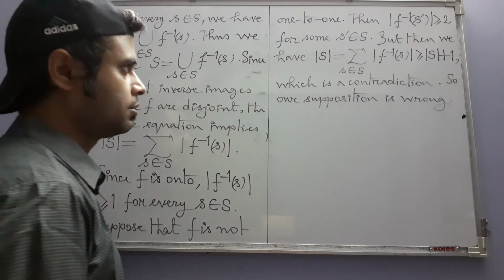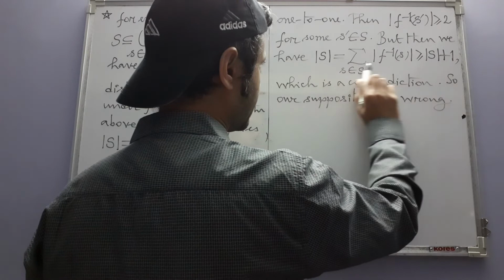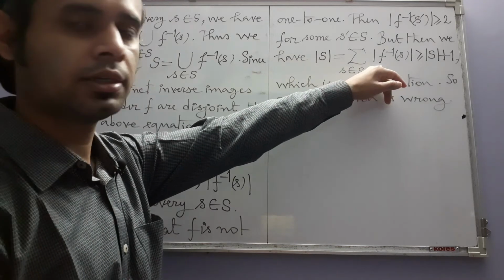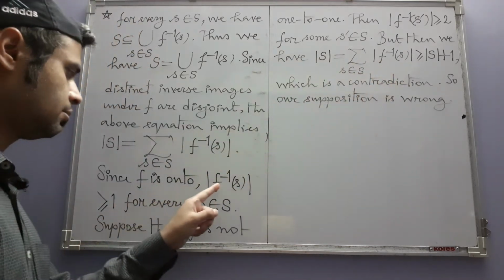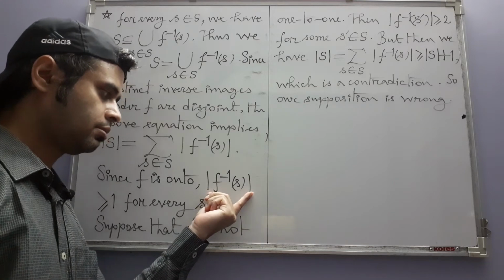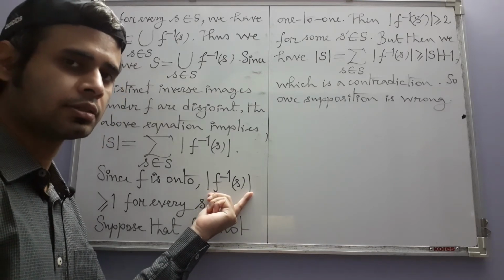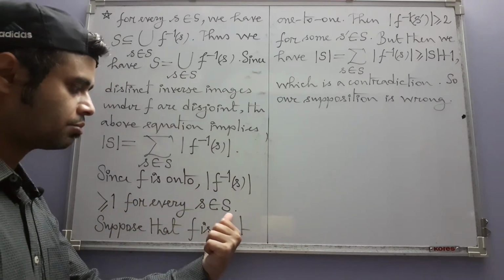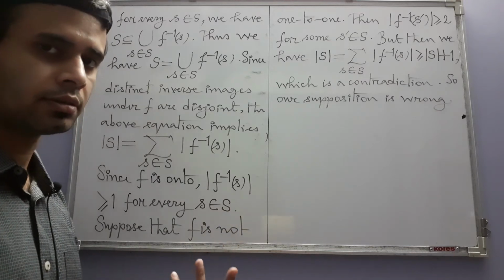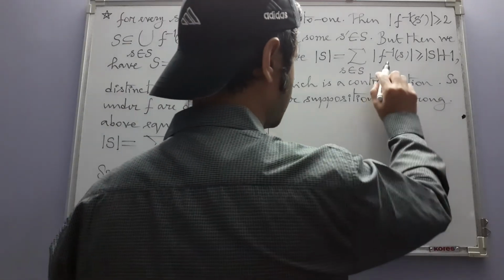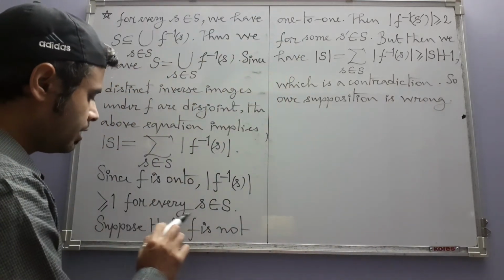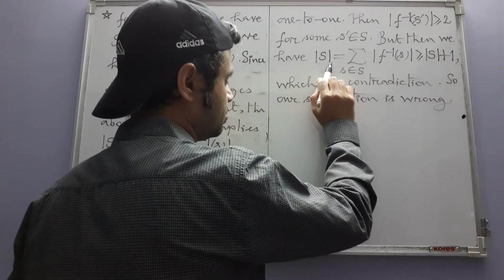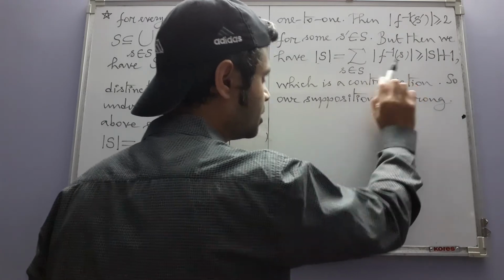If you are having some doubt about how exactly this inequality is concluded, it is like this. This part we already have, and because the number of elements in each F inverse S is at least 1, and we get as many such numbers as there are elements in S, we will get at least this many ones from this sum.